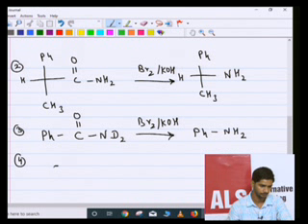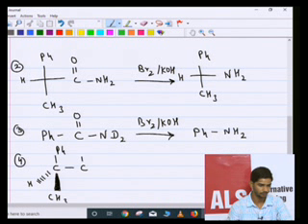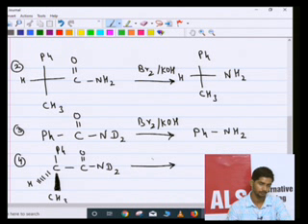Last question was like this: Ph, H is a dash bond, CH3, CO, and D2, NaOBr, and your answer would be this one.